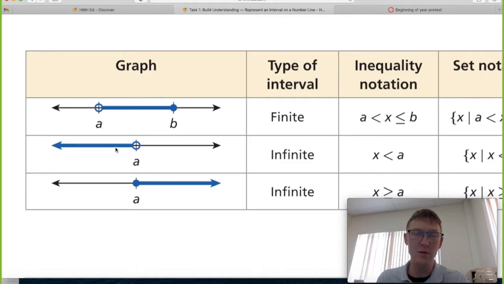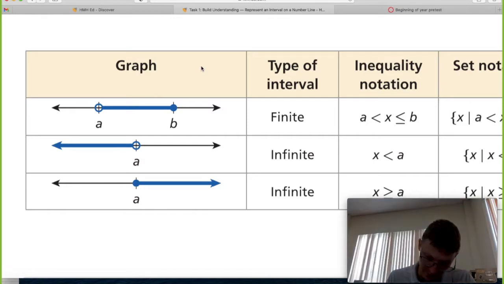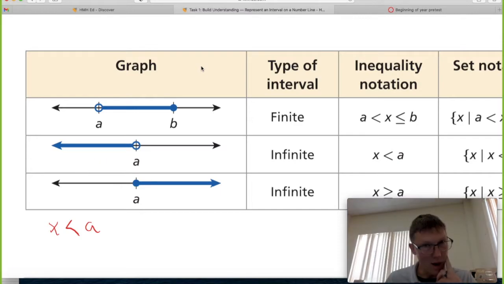Of course you can use all three of those ways to describe these other infinite intervals. So for this one, we've got our A. If we're going to do inequality notation, all of our x values, where the blue arrow is, are going to be less than A. So that's just going to look like x less than A. And we'll go ahead and do this bottom one too.